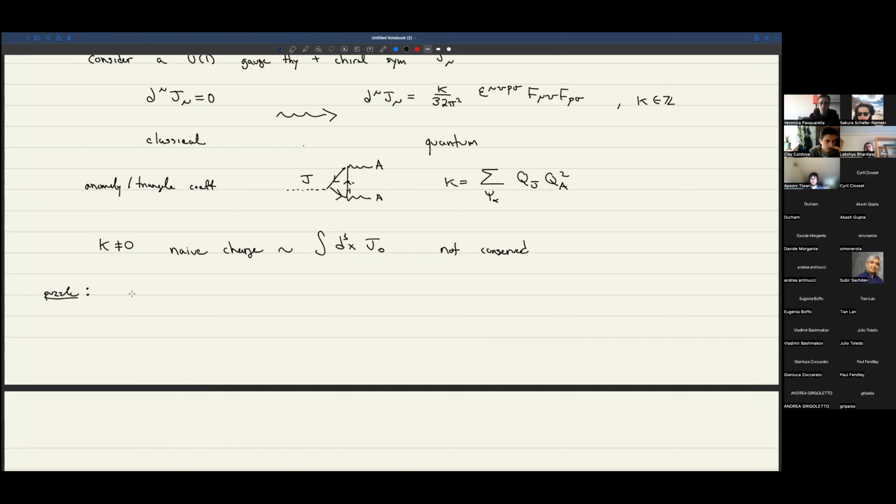In particular, on R4, with only local operator insertions, one has the following integral formula, which is that the integral d4x epsilon mu nu rho sigma f mu nu f rho sigma is just 0. So the selection rules still hold.